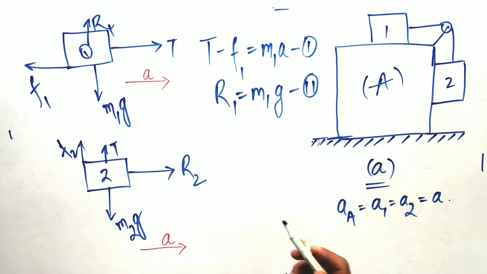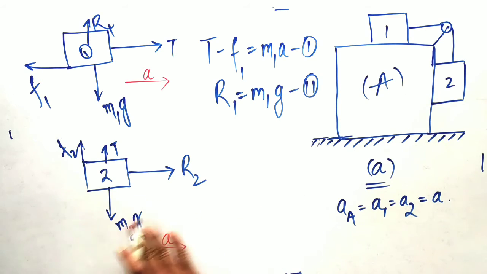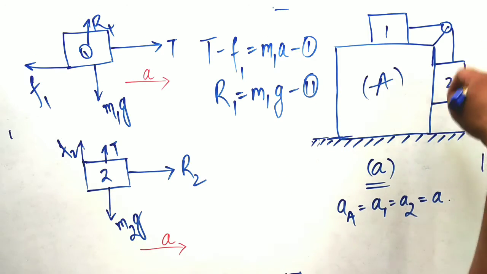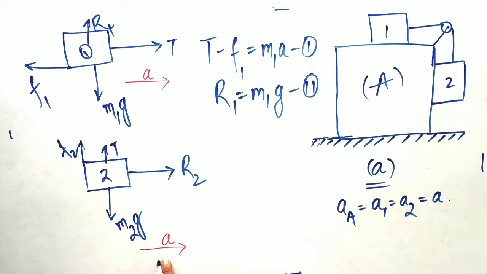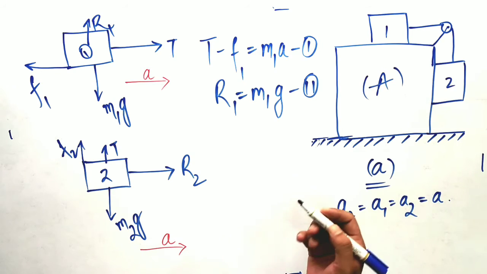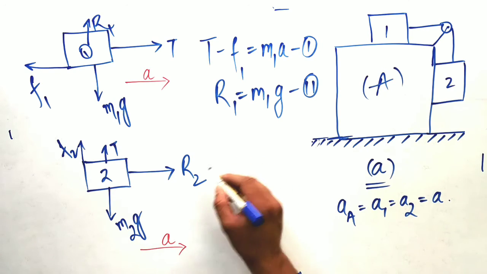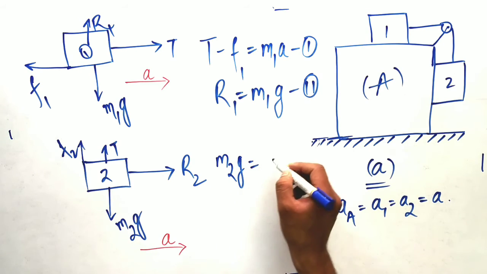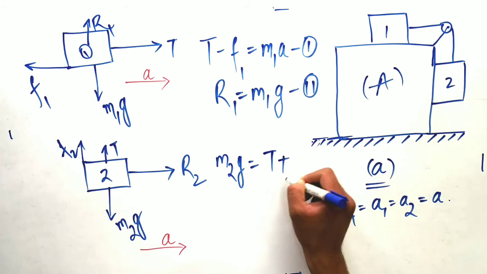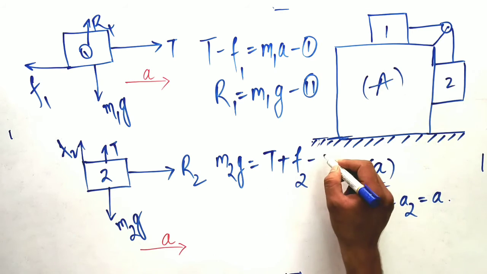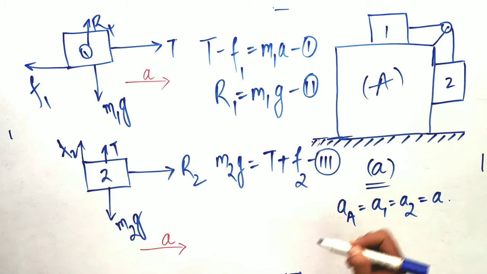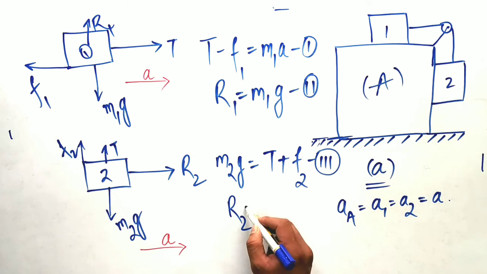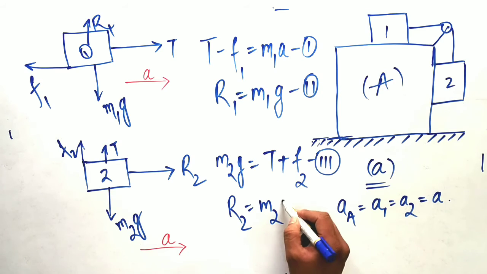So it's moving with the block A, that way. There's no acceleration downwards or upwards. So small a this way. Equations are going to look like m2g is equal to T plus F2. We'll name this 3, and R2 is equal to m2a.